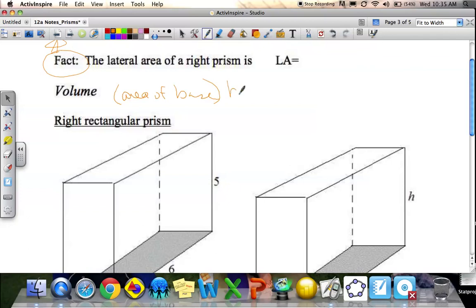So you imagine in the page before filling that swimming pool with water. You start with filling the area of the base, and then you keep filling up as high as your structure is. So volume is the area of the base times the height of the prism.